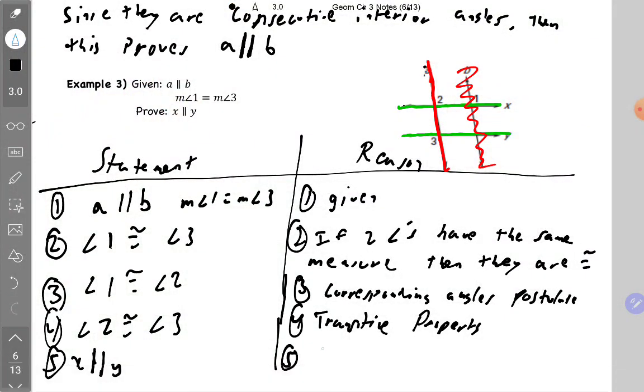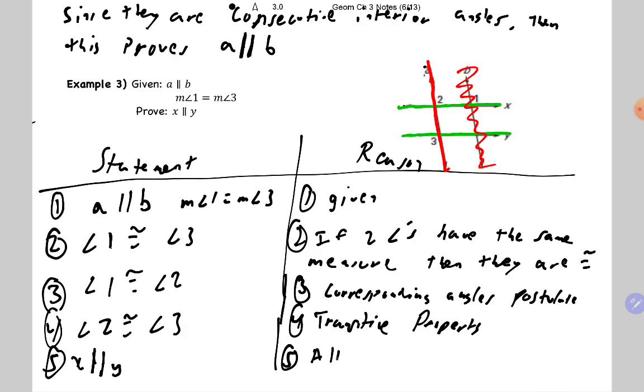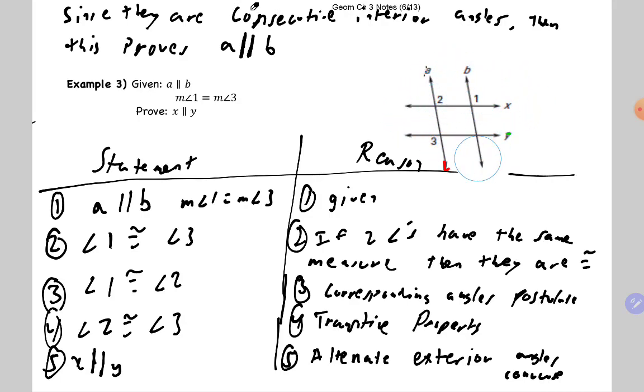So because they're alternate exterior and they're congruent, that means the two green lines are parallel. So alternate exterior angles converse. We say converse when we're trying to prove two lines parallel. We don't say converse if they are already parallel.